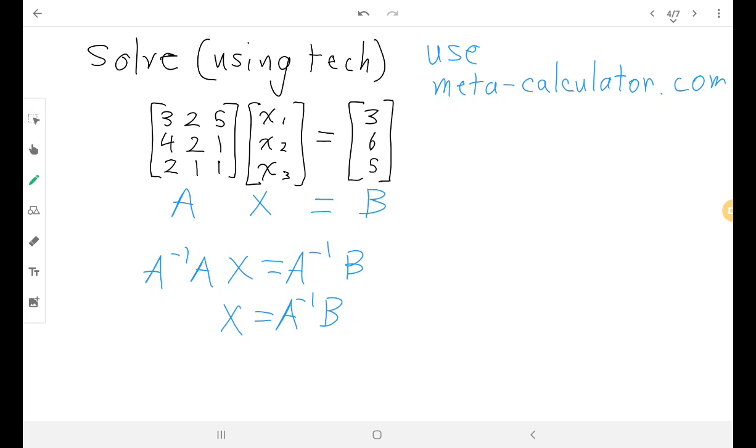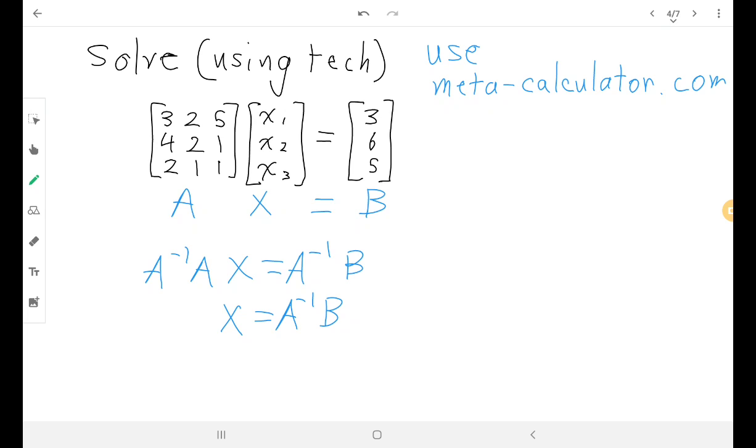And I start putting in my numbers. 3, 2, 5, 4, 2, 1, 2, 1, 1. And then matrix B is 3 rows, but it's only 1 column, so I need to change that description to 3 rows, 1 column. And then I need to put it in 3, 6, 5.